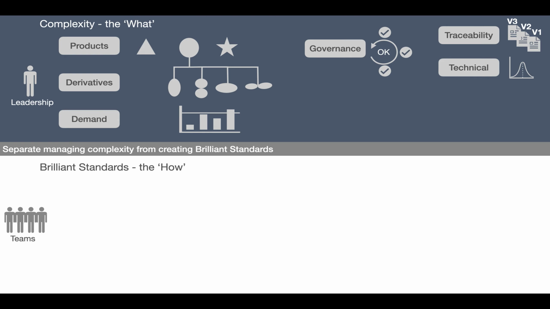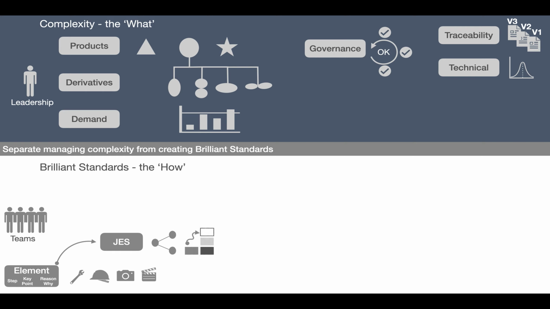So with that separation, our teams are able to just focus on writing elements that contain the step, key point, reason why, following the 111, where we can look at tools, PPE, capture the photographs and videos and stuff, which then build up the job element sheets, which we're able to share and manipulate because it's in a database, which then build up the standard work charts for a person's process, which again can be shared.